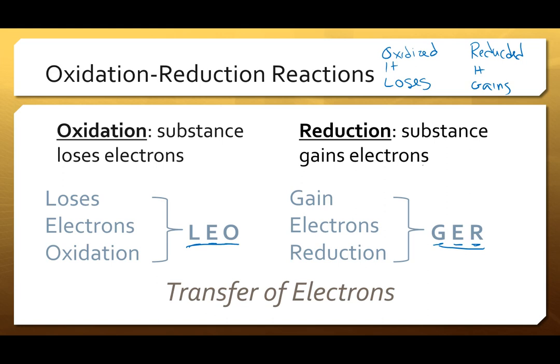The last one that I like for reduction is that the oxidation number will go down. So if the number reduces, so it goes from a 0 to -1, or it goes from +3 to +1, that is a reduction. That's gaining electrons. That's another good way to remember it.